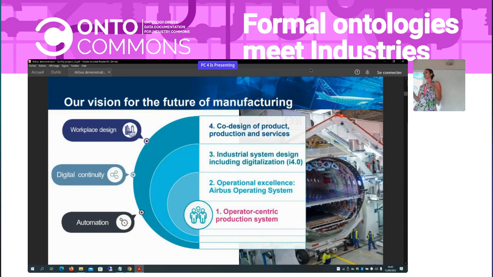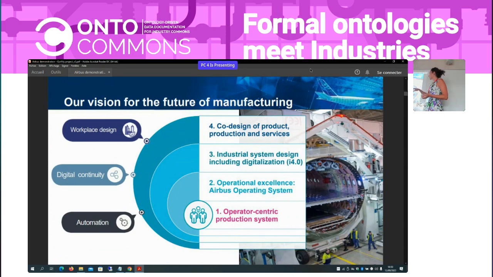What we want is that the operators have every piece of information and every tool that they need so that they can create value more quickly. The second point is operational excellence. We want our Airbus operational system to bring the most out of the production system, so that we can ramp up our products more quickly and deliver more quickly and with more quality.